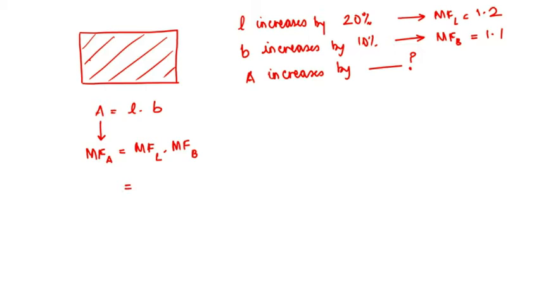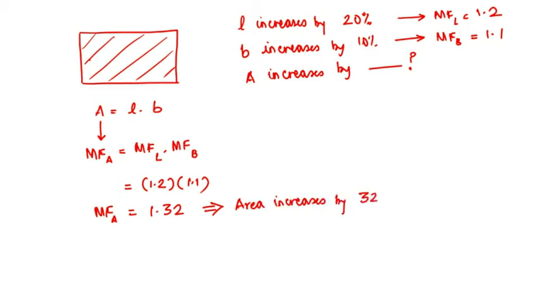So multiplying factor of length is 1.2, multiplying factor of breadth is 1.1, 1.2 into 1.1 is 1.32. So multiplying factor of area is equal to 1.32. What does it mean? It means area increases by 32%.